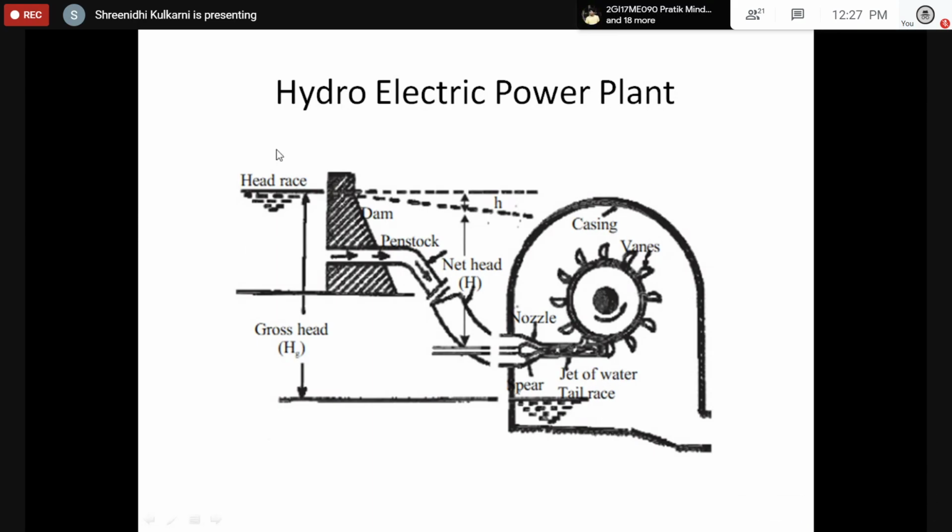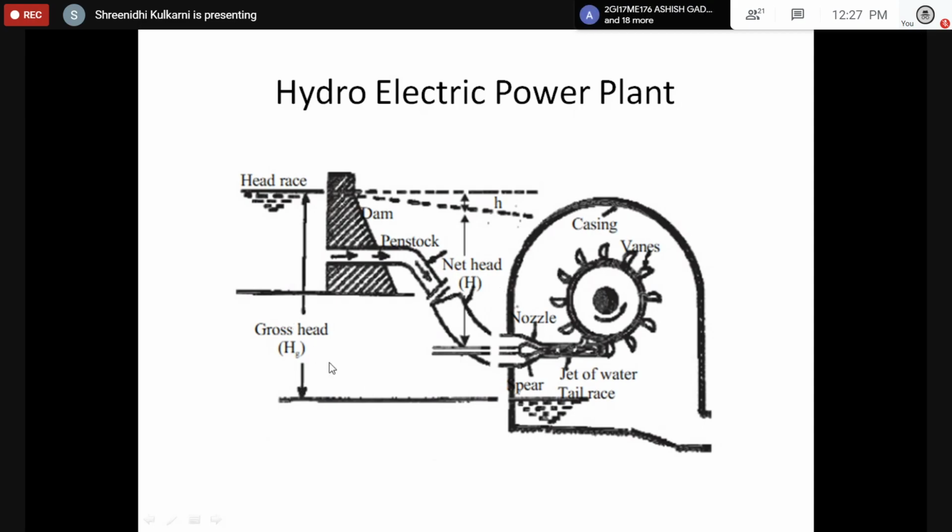What is the dam level? We call it the head race. The distance from the head race to the tail race we call the gross head.